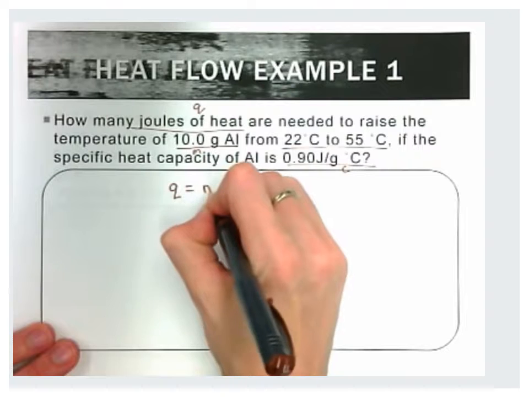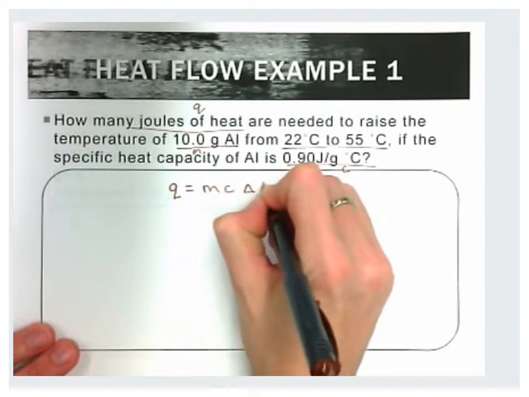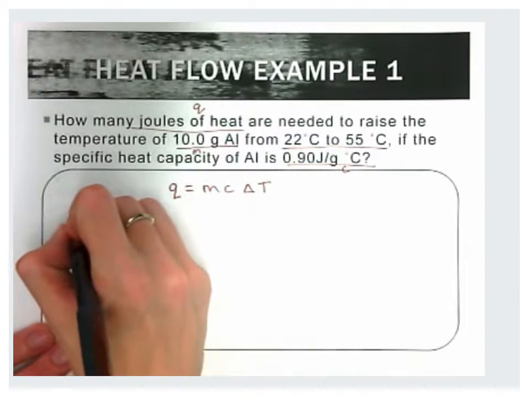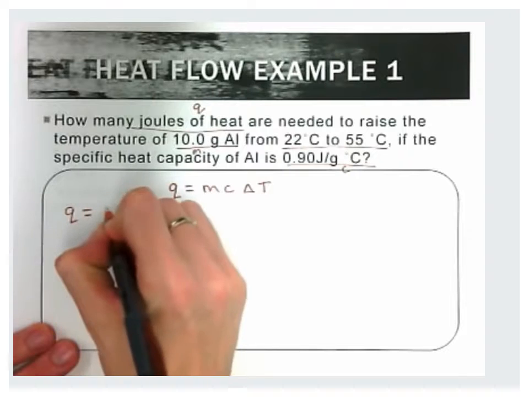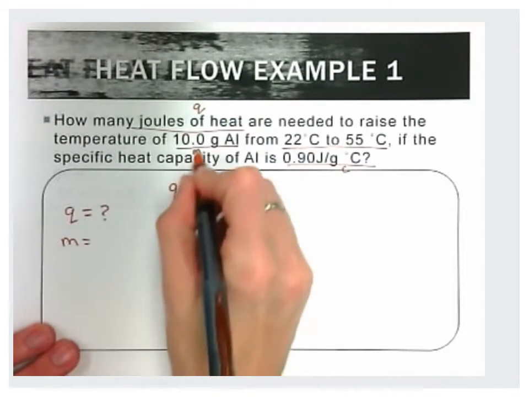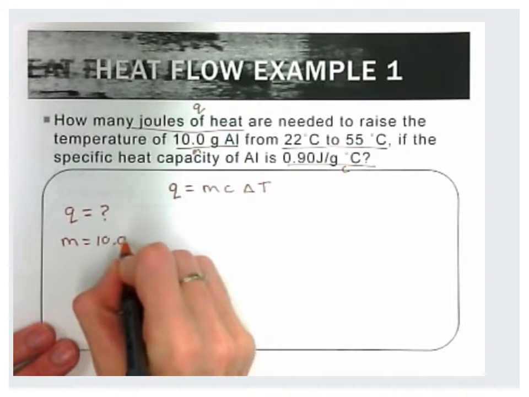Start by writing your equation. Q equals mc delta T. Once I have my equation, I'm going to write down all my variables and my unknowns. Q is what I'm looking for. M is 10 grams.